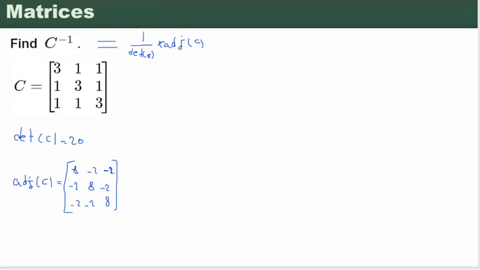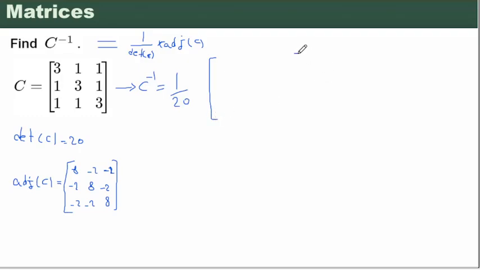We see the determinant of C isn't 0, so I have the inverse of matrix C, which is 1 over the determinant of matrix C, which is 20, times the adjugate of matrix C, which is 8, -2, -2, and -2, 8, -2, -2, -2, 8.